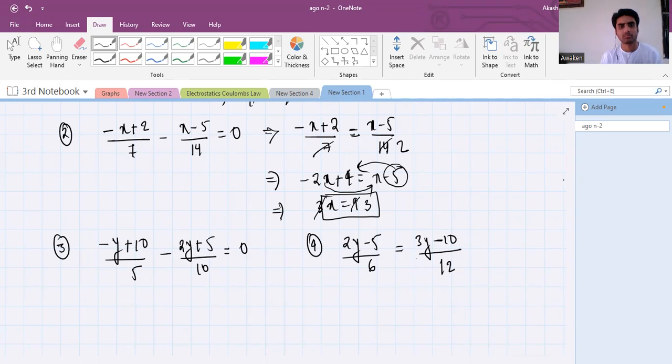Y is equal to 15 by 4 for the question 3. 10 by 3, 4.